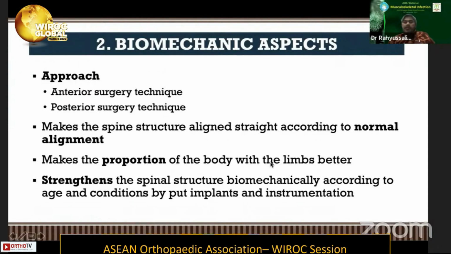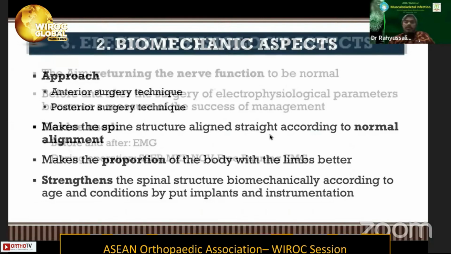We should restore the proportion of the vertebral body which had diminished before, and of course we make the spinal structure stronger.